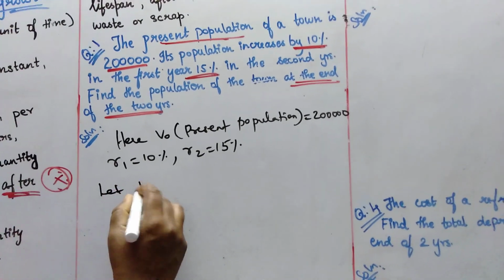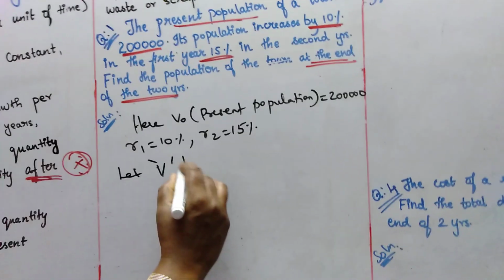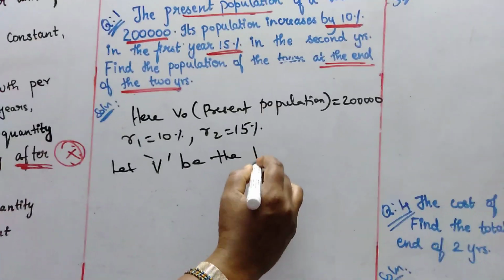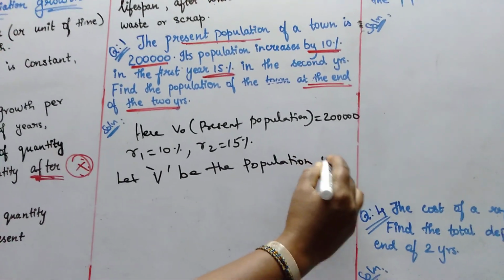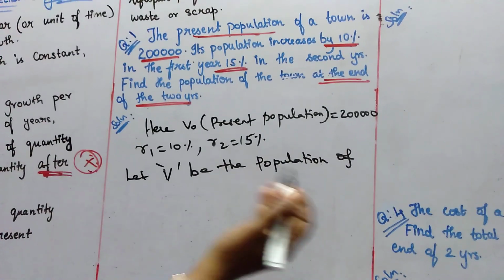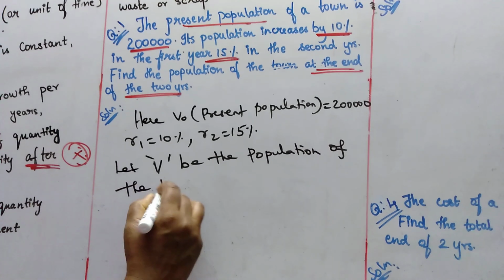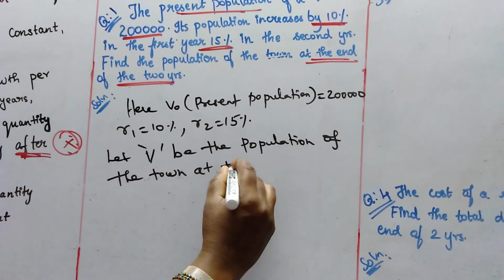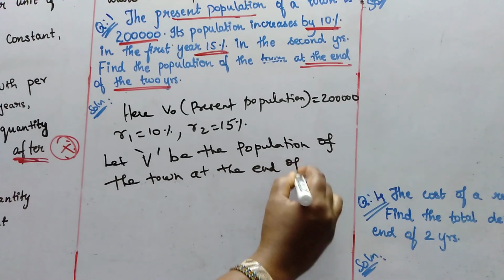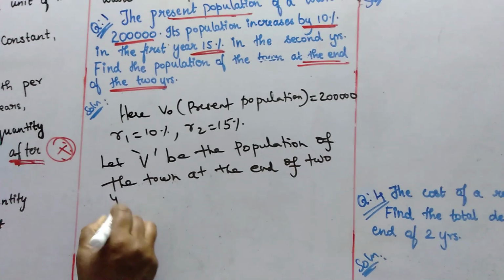We'll go with the formula. Let V be the population of the town at the end of 2 years.